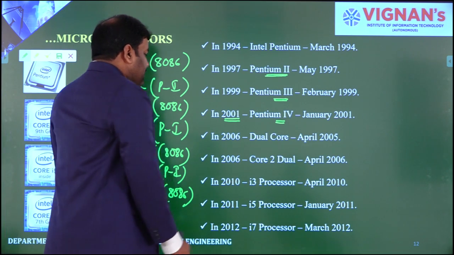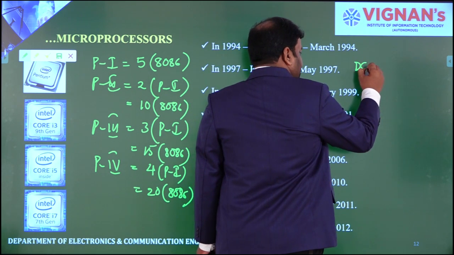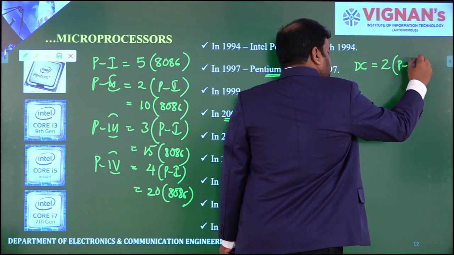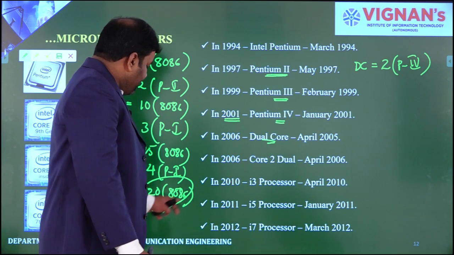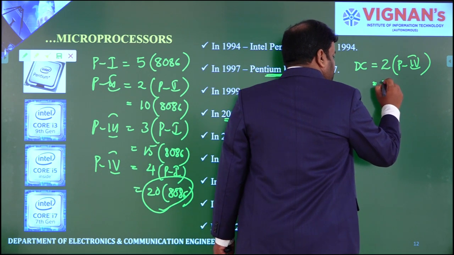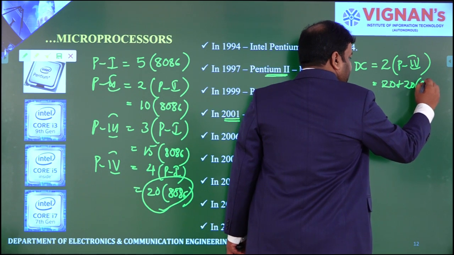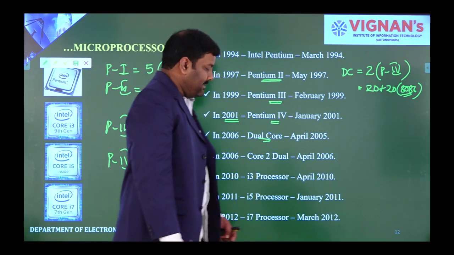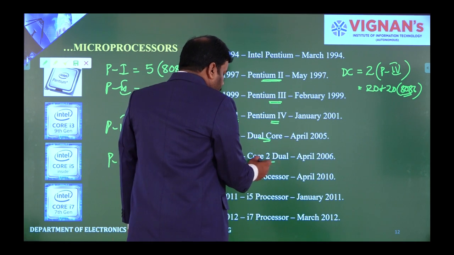The next one is dual core, which I shorten as DC, having two P4s. P4 consists of 20 8086 processors, so 20 plus 20 means 40 8086 processors are used in a DC. Next is Core 2 Duo, having two dual cores.